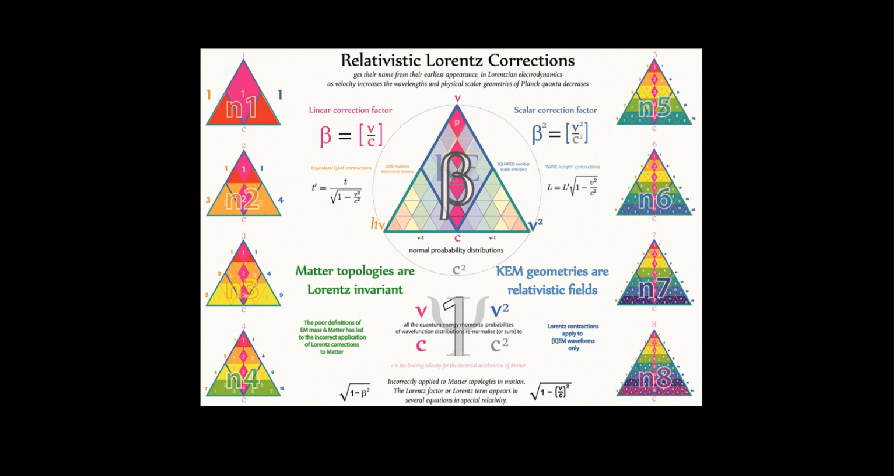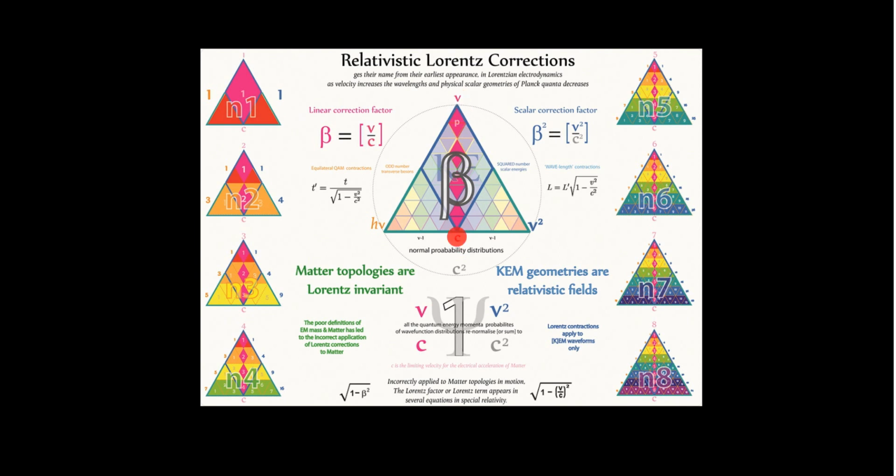Add more energy, the magnetic moment gets stronger, as does the kinetic energy, and because it's an equilateral field, the linear momentum, because it's being pushed harder, increases, and the vector velocity increases as well. V on C, if you're talking relativity, V on C in relativity, the Lorentz linear correction is just this.